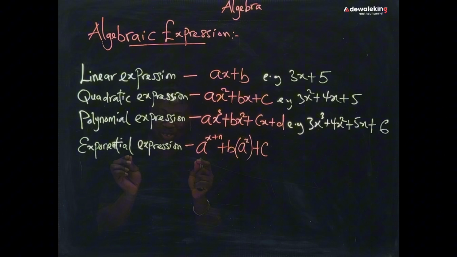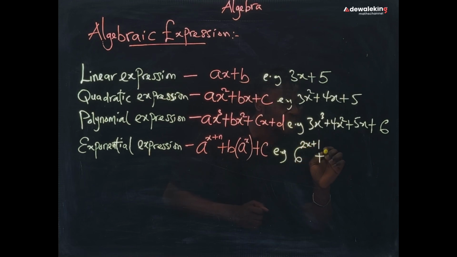Exponential expression of the form a raised to power x plus n plus b a raised to power x plus c, e.g. you can have 6 raised to power 2x plus 1 plus 7 6 raised to power x plus 5.